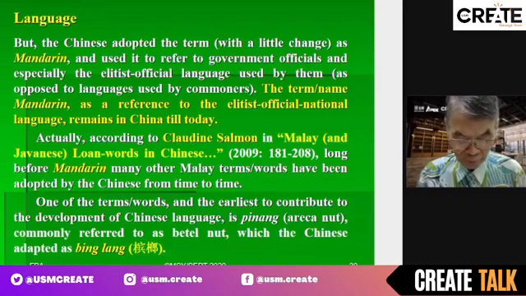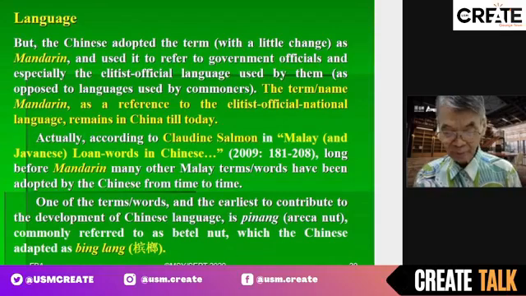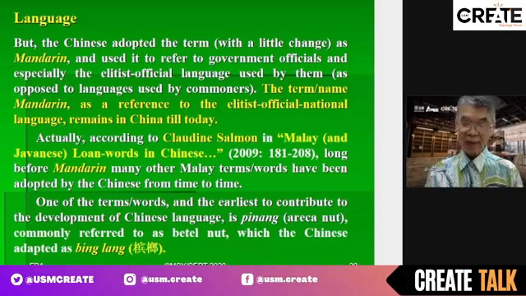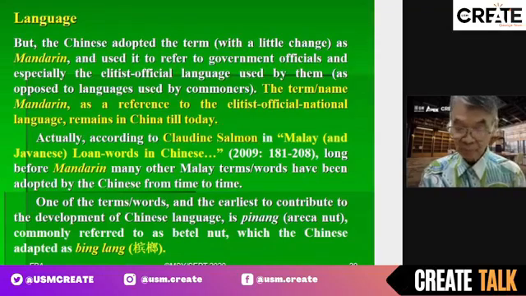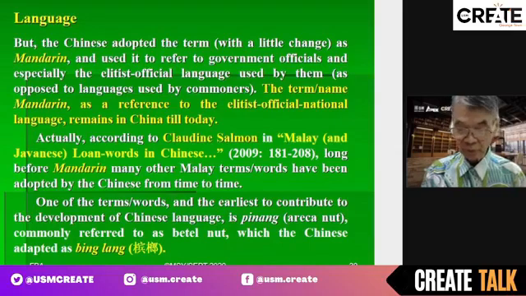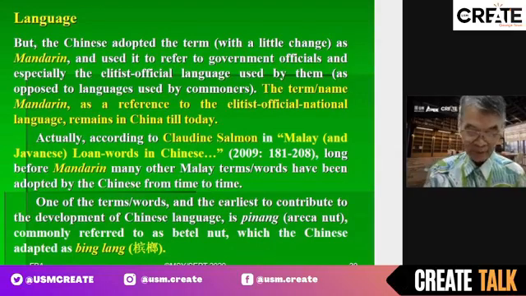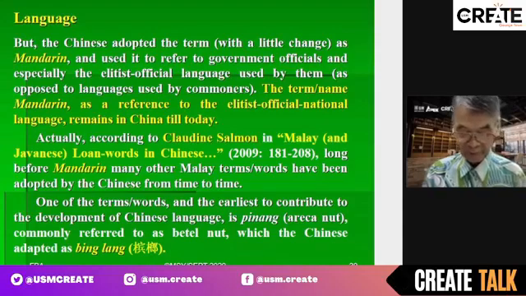Actually, according to Claudine Salmon, in an article titled Malay and Javanese Loanwords in Chinese, published in 2009, long before the word Mandarin, many other Malay terms or words have been adopted by the Chinese from time to time.